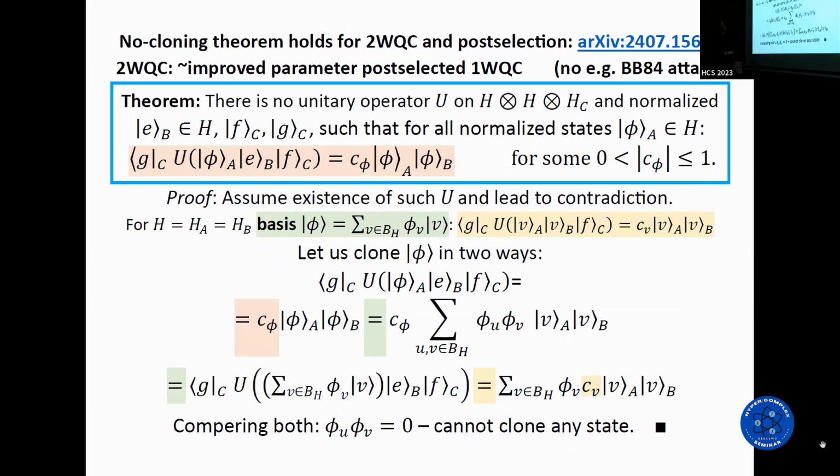And so another question is, could we break the no-cloning theorem, for example, to try to attack some quantum cryptographic protocols? And it turns out we cannot.